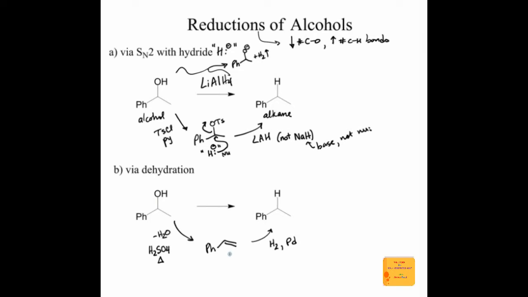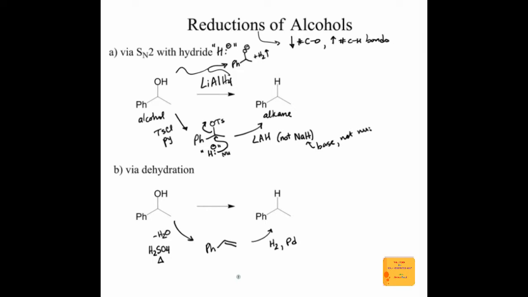Now remember, with dehydration, we can have our alkenes move around. We could have hydride shifts and such to get more stable carbocations. And so it's possible that our double bond might move around, but that's okay in this case because hydrogenation is going to get rid of the double bond in the end anyway. So we don't care so much where the double bond ends up here, but we do want to make sure that our carbocation is not something that can have a carbon chain rearrangement, because then that is not going to give us the alkane structure that matches the alcohol structure.